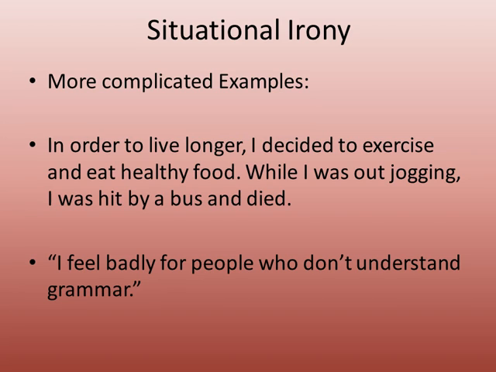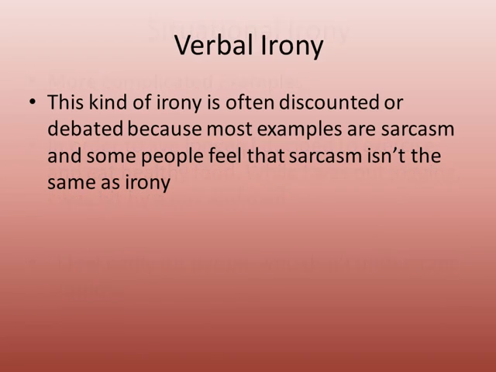The sentence doesn't make sense the way it's written. It's a common mistake to say I feel badly for people, but especially if you're talking about grammar, you shouldn't make a grammar mistake. So the correct sentence would be, I feel bad for people who don't understand grammar. Just to clarify that. This isn't a lesson on grammar, but that's an ironic statement to mess up a sentence while you're talking about grammar.